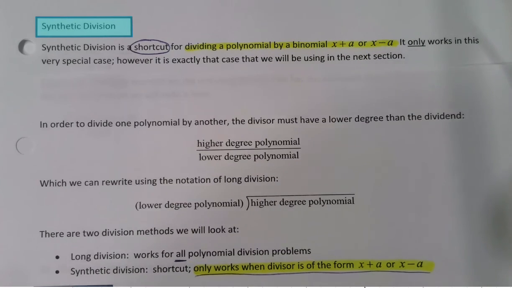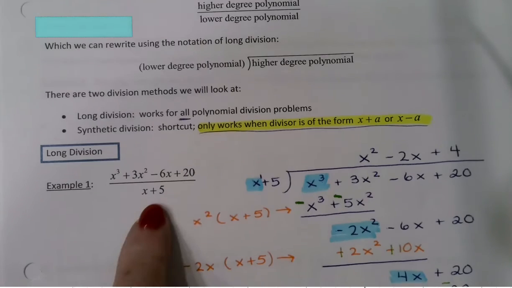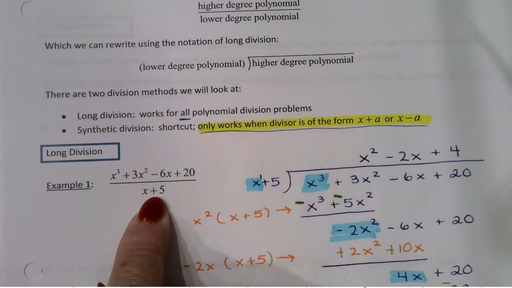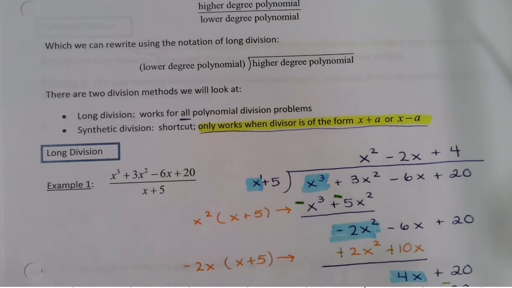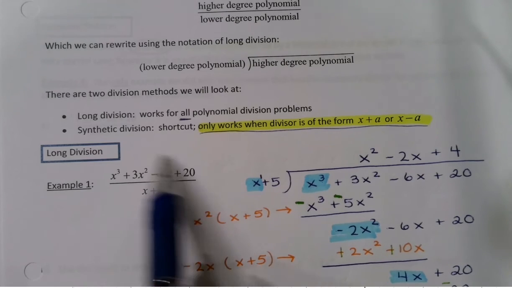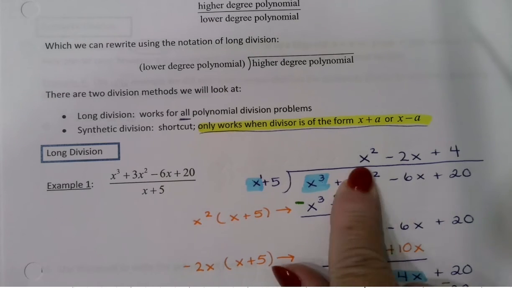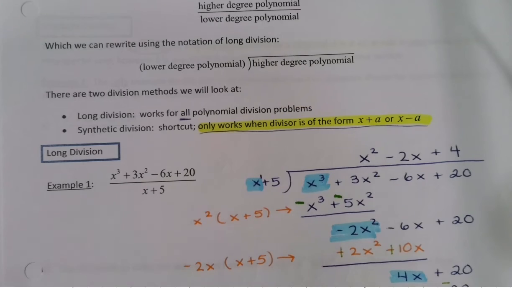But our very first example, our divisor was x plus 5, and that is one of the special forms that does actually work with the shortcut. So I'm actually going to redo this example. We already know what the answer is, right? I'm going to redo this example using the synthetic division shortcut.